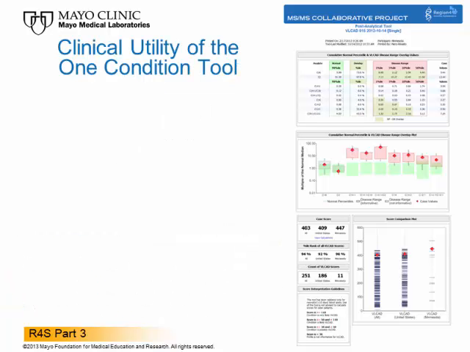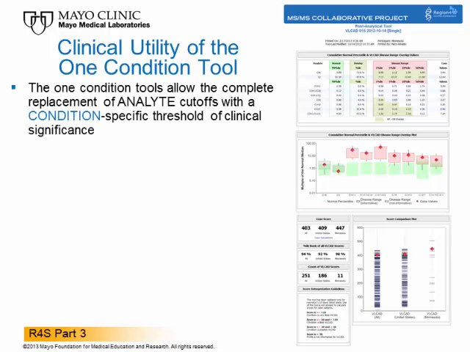The clinical utility of a one-condition tool could be summarized as follows. First, the one-condition tools allow the complete replacement of analyte cutoffs with a single condition-specific threshold of clinical significance, which is the first percentile of all scores.